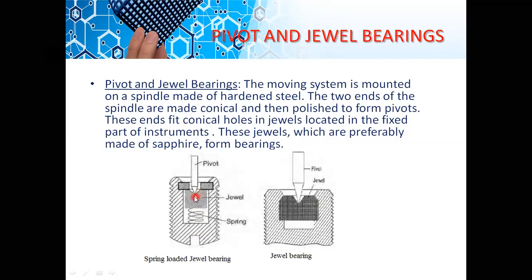When we have a spring here, there won't be wear and tear at the point I am showing here. At this contact point, because the pivot will be moving, there will be small wear and tear. That situation is reduced with the help of the spring, because when the weight is more, it will come back and forth. So the contact of the pivot and the jewel is not so rough that wear and tear occurs easily.